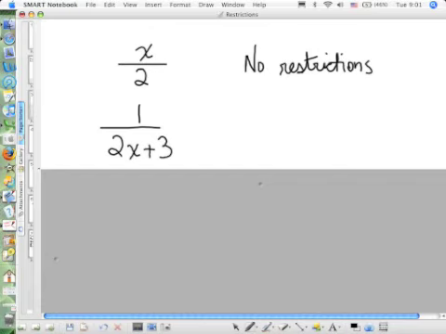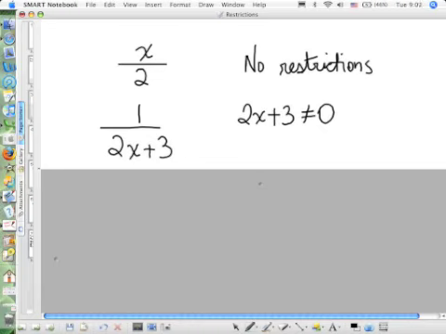Watch this. If I do not want this denominator to work out to equal 0, I'm going to solve this equation for x to figure out what x can't be. What do we always do when we're solving a simple equation like this? The first thing we always do is isolate the variable by undoing the addition or subtraction.